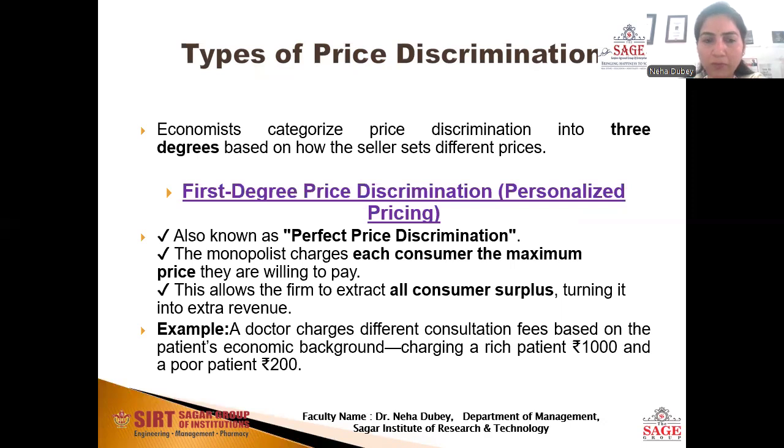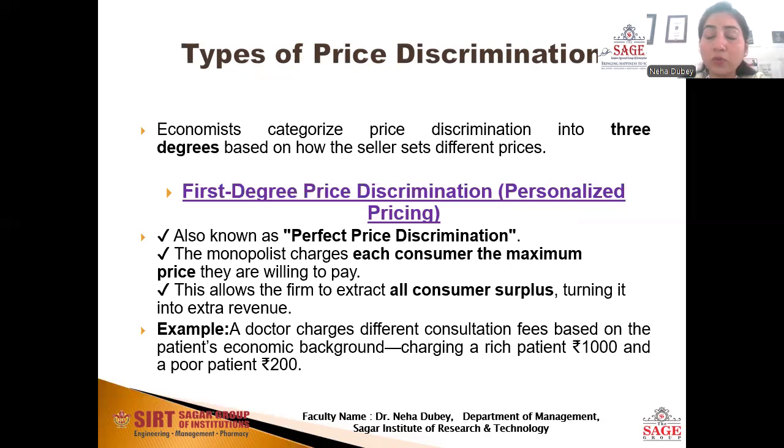I hope you remember that in the previous lecture we studied willingness to pay, and the launching of Apple iPhones, where the person who wanted to buy the product at a higher price, with the kind of price skimming, could buy. That kind of price discrimination comes into the first category.